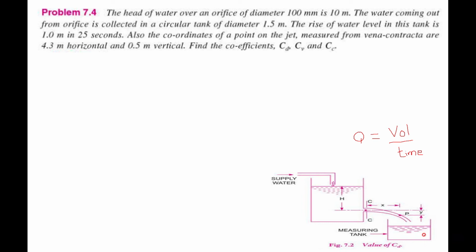Since this collecting tank is circular and its diameter is given, you can easily get the area, that is pi by 4 d square, multiplied by the height of the water collected, which gives you the volume. That volume divided by time gives you the discharge.